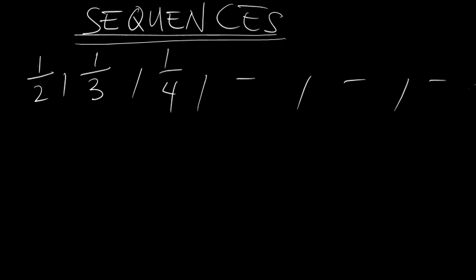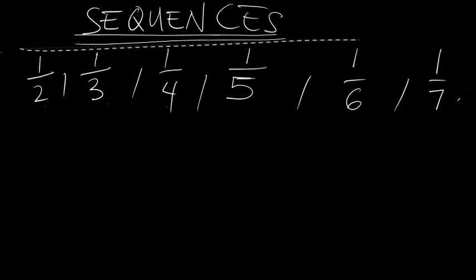The denominators increase by 1, so you have 2, 3, 4. So the next one will be 1 all over 5. The next one is 1 all over 6. The next one is 1 all over 7. So that is it.